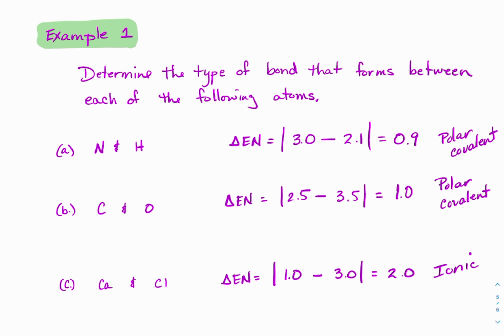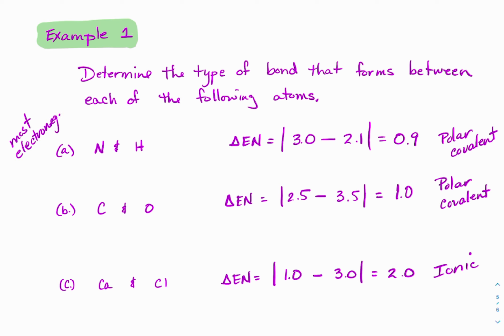There is also an additional piece of information that the electronegativity values allow you to determine. And that is, if you're going to have a polar covalent bond or an ionic bond, which atom the electrons will tend to spend more time with. Specifically in the covalent bond, because you're sharing the electrons, it turns out that the electrons will spend more time with the atom that is most electronegative.